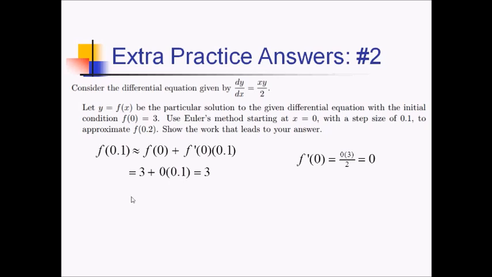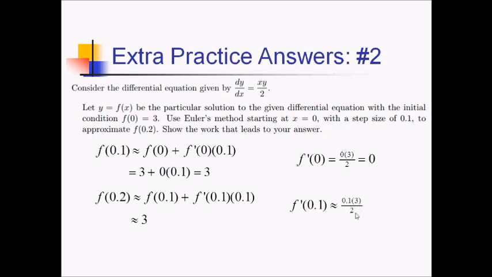Now we're going to use that to get f of 0.2. That's going to be f of 0.1, which we just found up here, plus f prime of 0.1 times our step size of 0.1. F of 0.1 is 3, approximated. F prime of 0.1, that's going to be 0.1 times the y value that we approximated of 3, all that over 2.